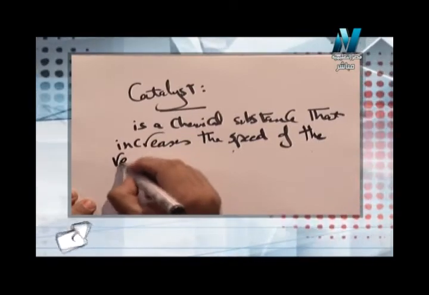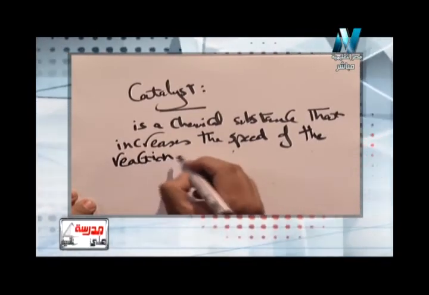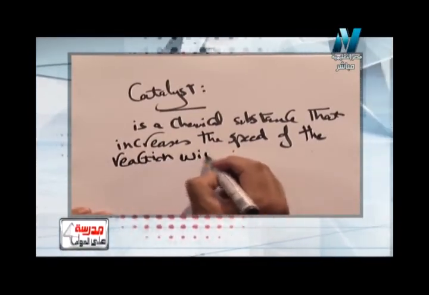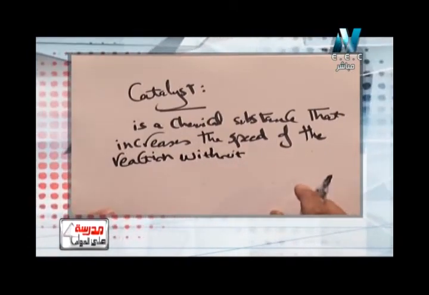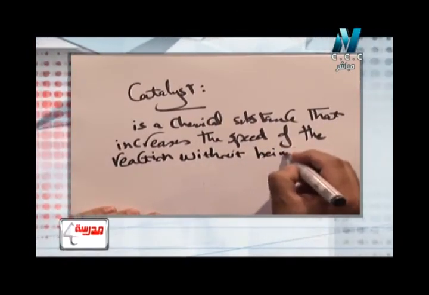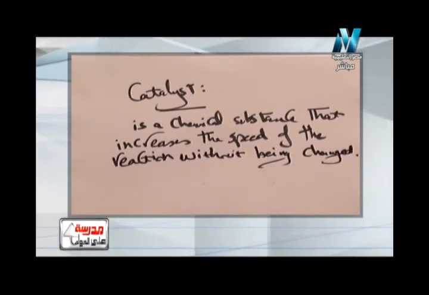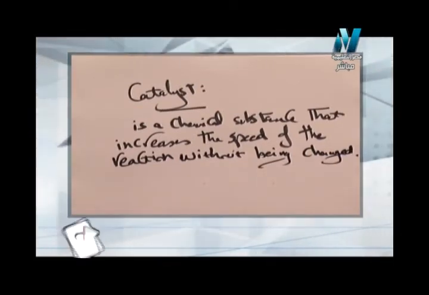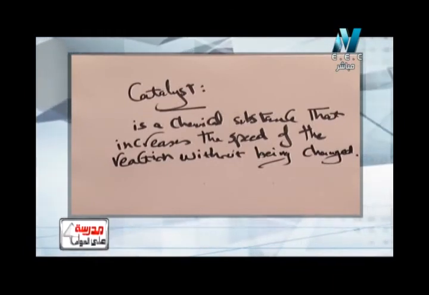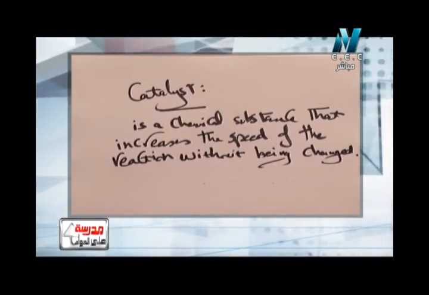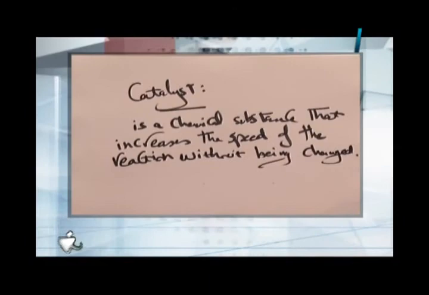Without being changed, without itself changing. Again, catalyst is a chemical substance that increases the speed of the reaction without being changed. Or I can make another definition for the catalyst.